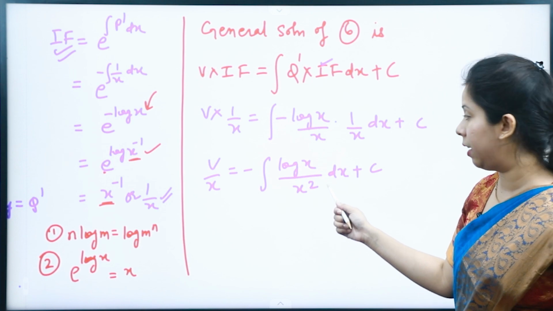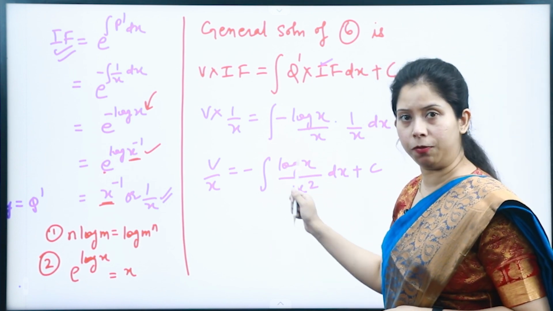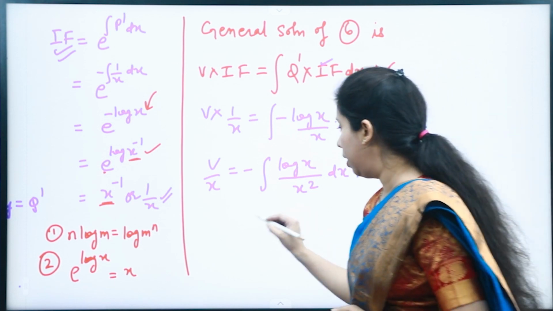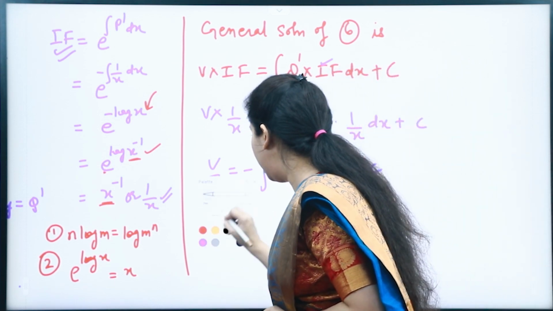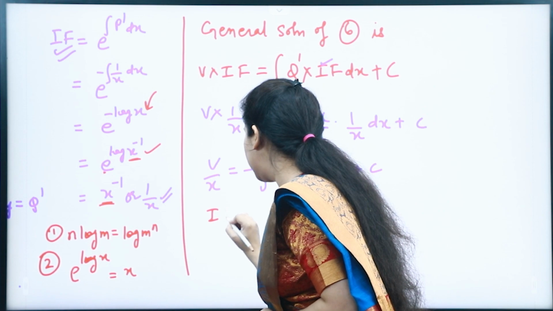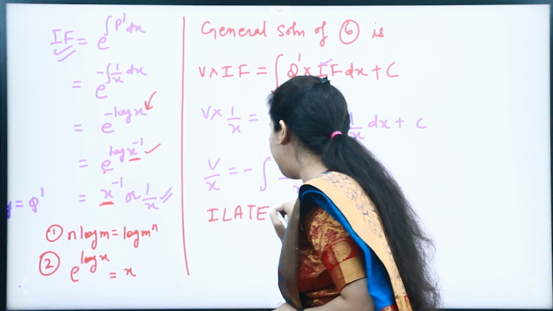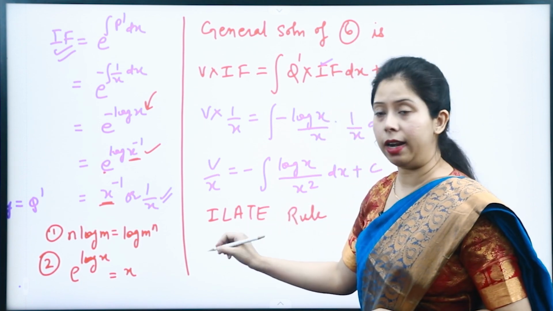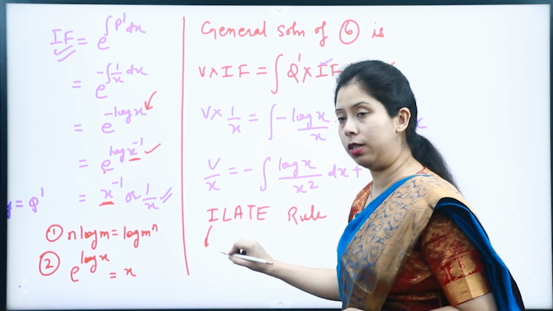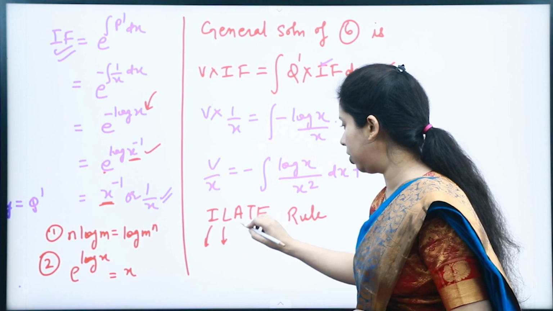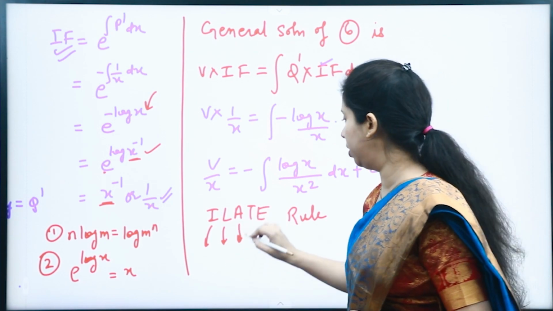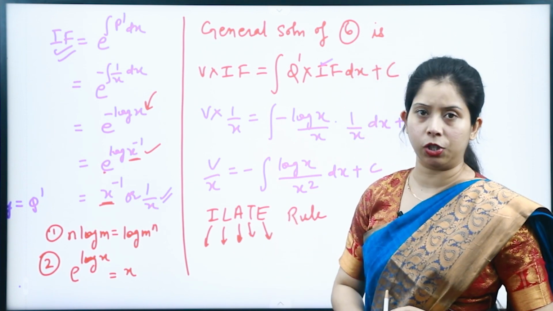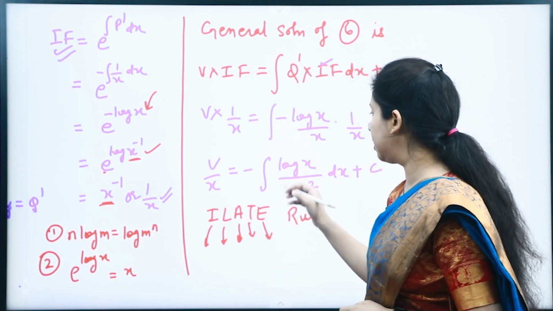Now you can see that we have integration of a product of two functions. So for this we can use integration by parts. That means first we will have to select the first and the second function with the help of the ILATE rule. In ILATE, I stands for inverse functions, L stands for logarithmic functions, A stands for algebraic functions, T stands for trigonometric, and E stands for exponential functions.